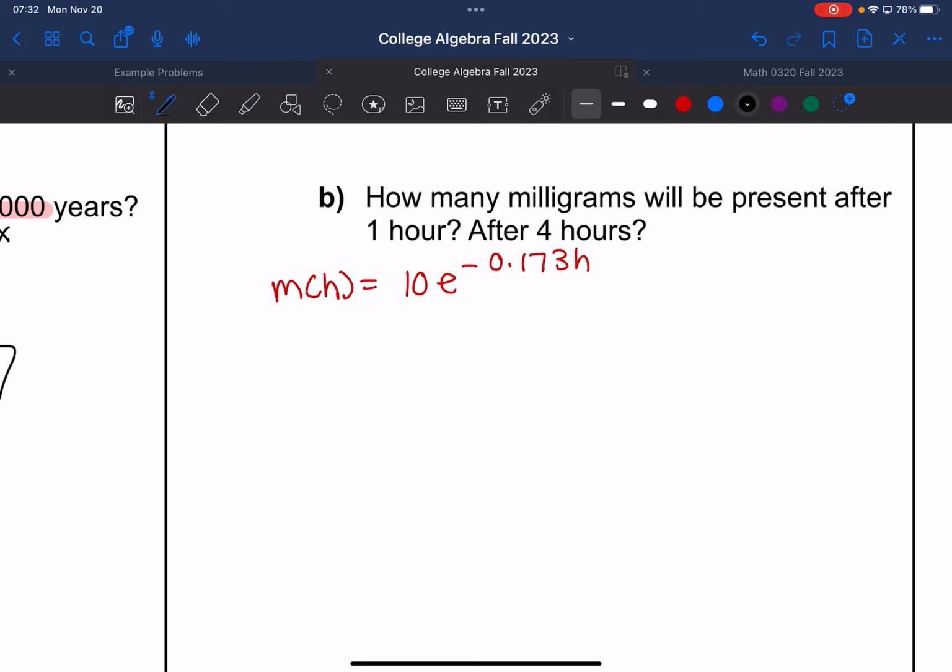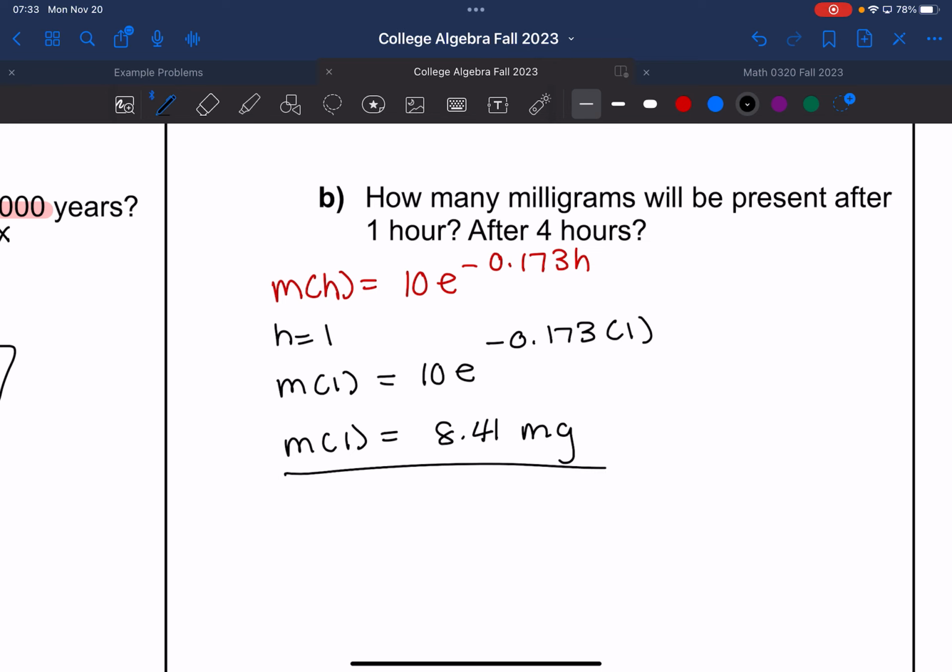We're first plugging in when H is equal to 1. So M of 1 is equal to 10 times E to the power of negative 0.173 times 1. Plugging that into your calculator, you should get 8.41 milligrams.